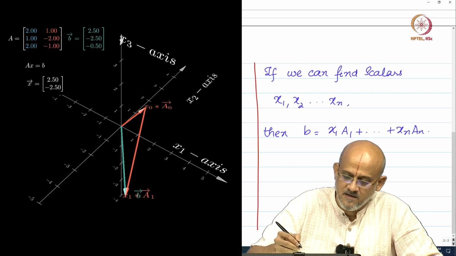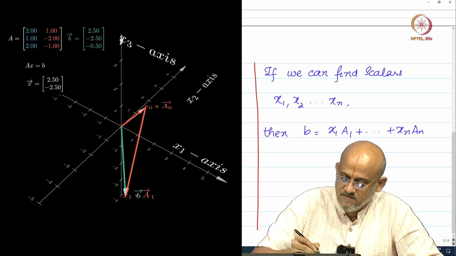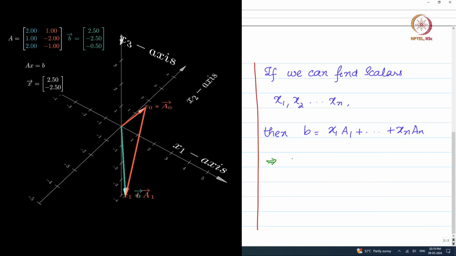We say this implies b is an element of the column space of A.